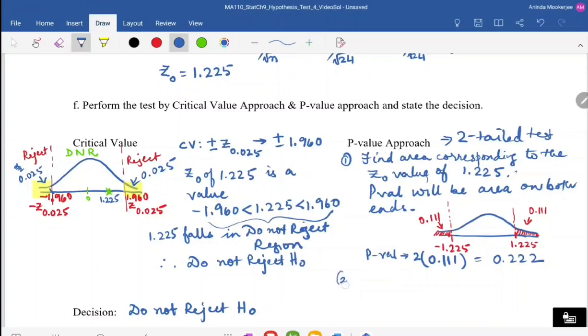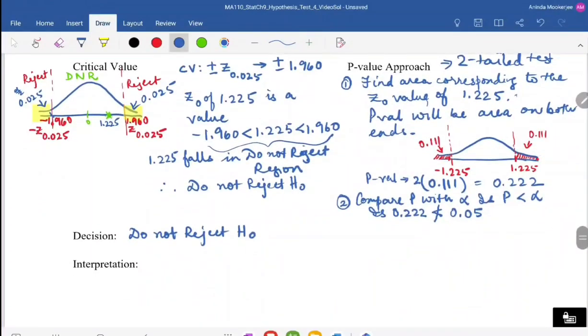In the second step, we compare p with alpha, right? So the question is, is p less than alpha? Is 0.222 less than 0.05? No, right? It's not less than 0.05. It's false.